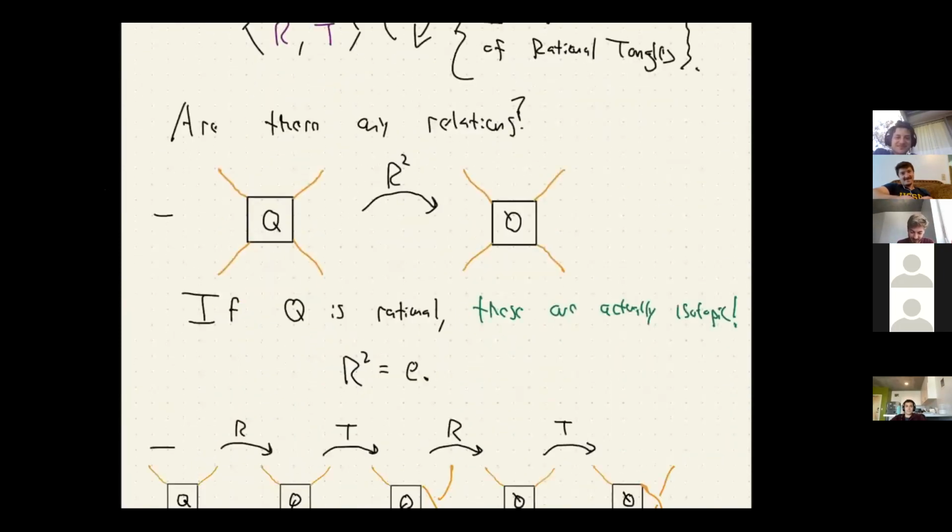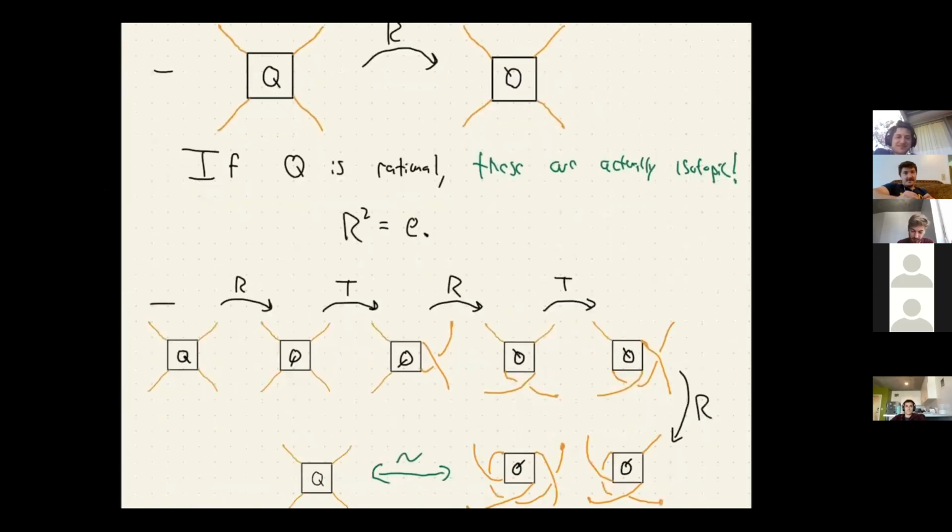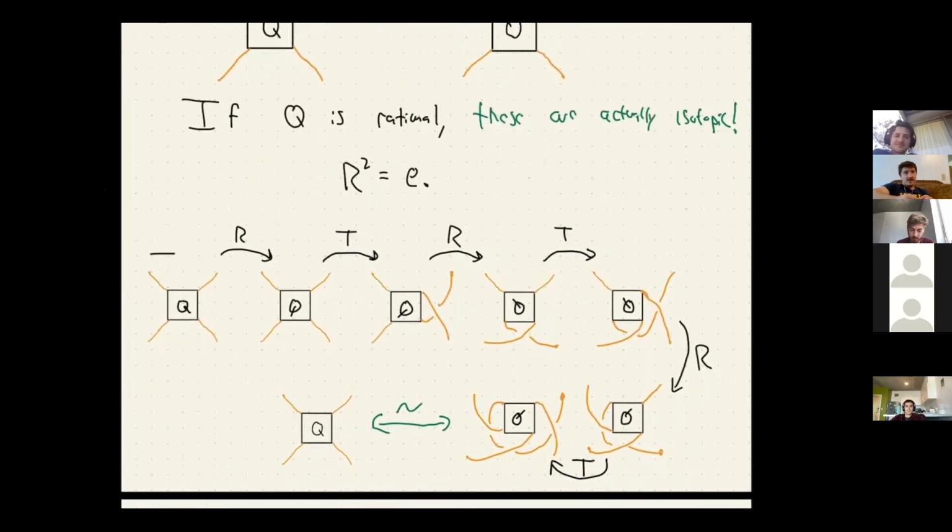Okay, so now we've got this a little bit more involved relation. What's the story here? We start with a tangle, Q, and we rotate, and we get something which looks like this. It's convenient that Q is a not very symmetric letter, so we can see what's going on here.